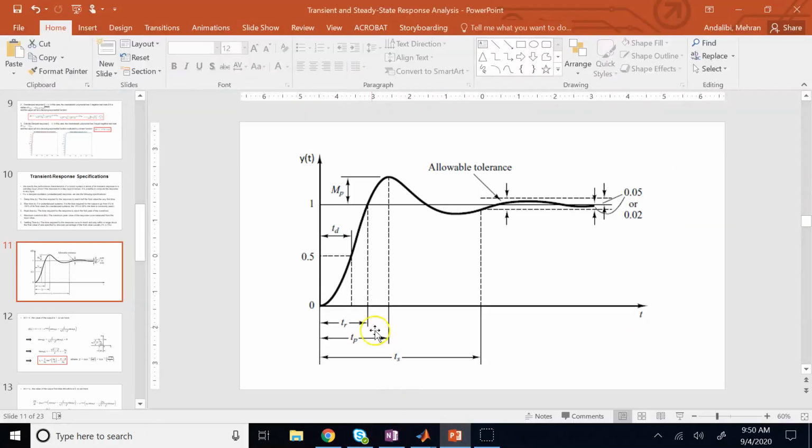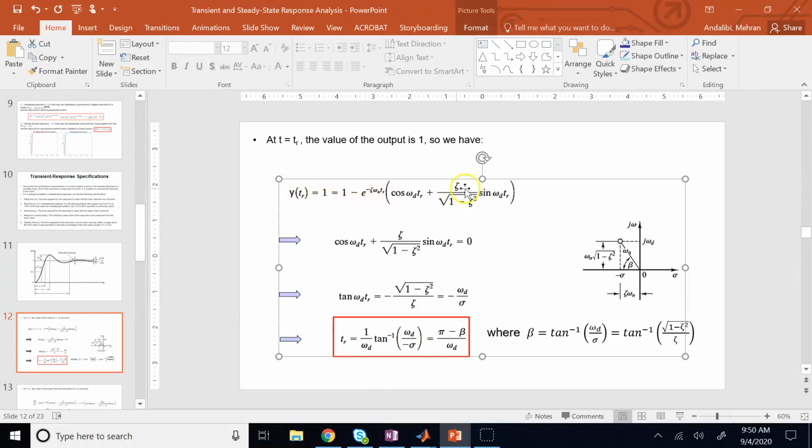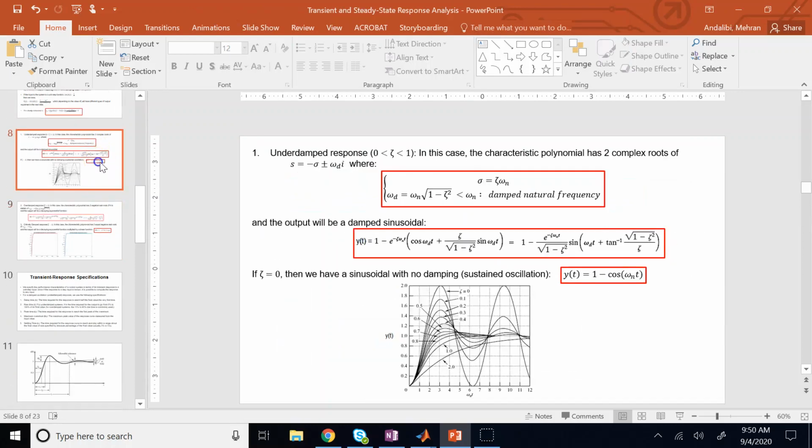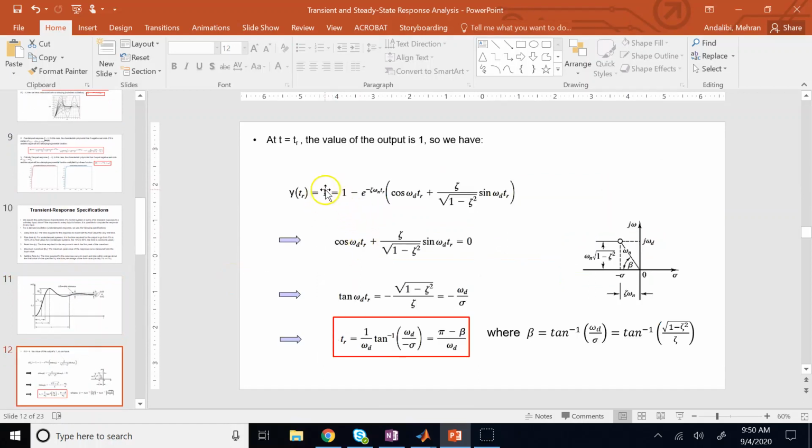How? Well, all I need is, in this response here, that is basically for the underdamped case, I set this whole thing equal to 1. If my output, which is this function here, is equal to 1, then I solve for the time.